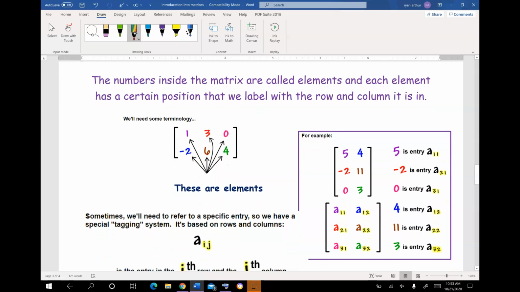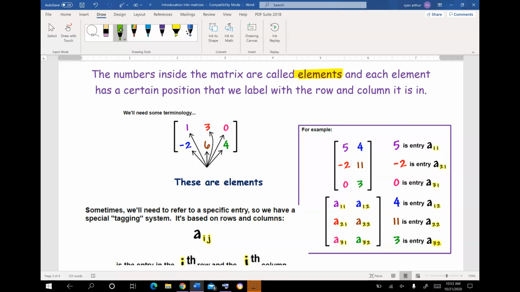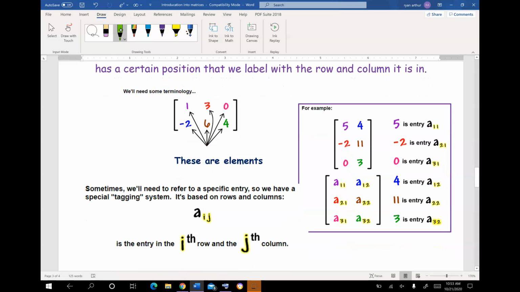Now, the numbers inside, we kind of said a little bit earlier, the numbers inside of a matrix are called the elements. And each element has a certain position that we label with the row and the column it is in, okay? So if you look, all of these are elements, the 1, 3, 0, -2, 6, and 4. Those are the elements of that matrix.